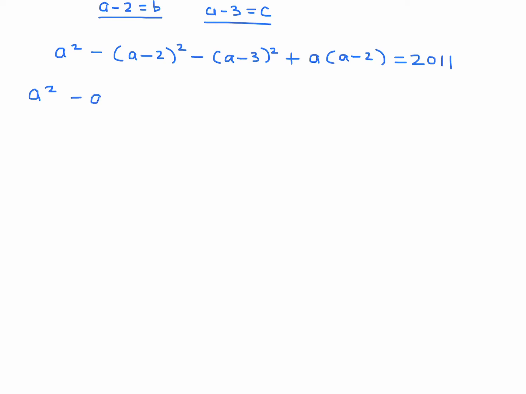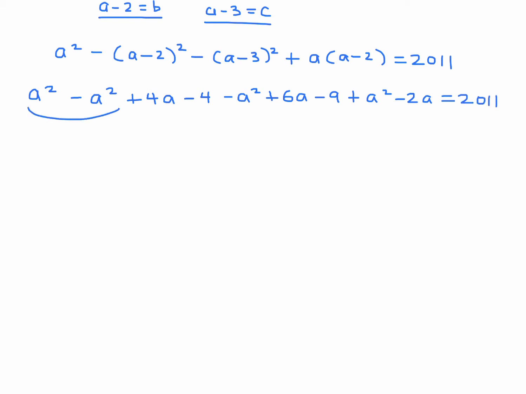A squared minus a squared plus 4a minus 4. And I'm just basically expanding this. There's no tricks here. Minus a squared plus 6a minus 9, and then this is a squared minus 2a. And that's all equal to 2011.